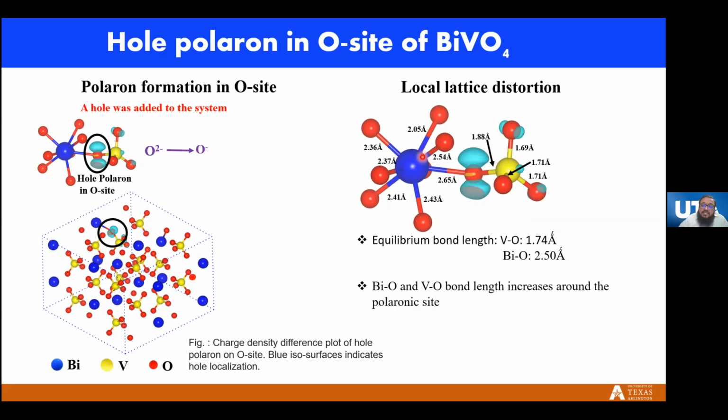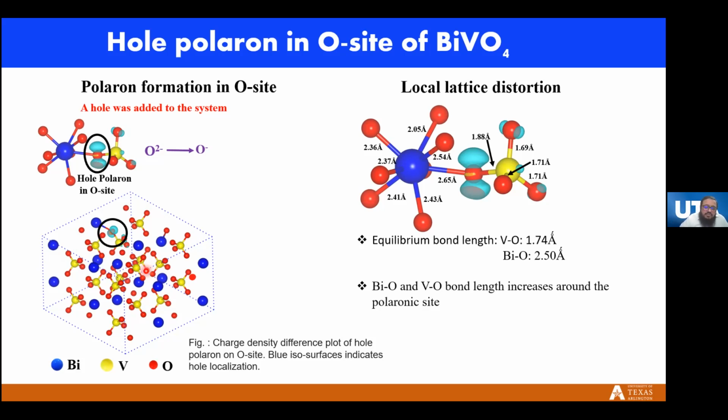In fact, this local distortion where the hole is trapped facilitates this charge trapping. But if we go far away from that localization point, a suitable point where we are not even close to the periodic image of that site, then the deviation of the bond lengths from the equilibrium bismuth vanadate bond lengths is negligible.